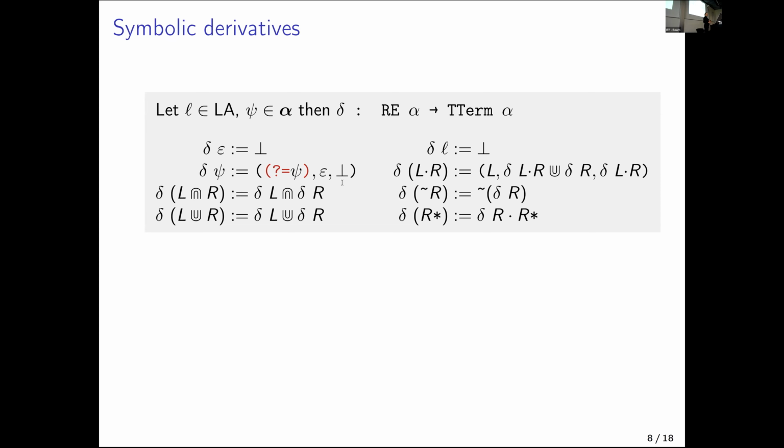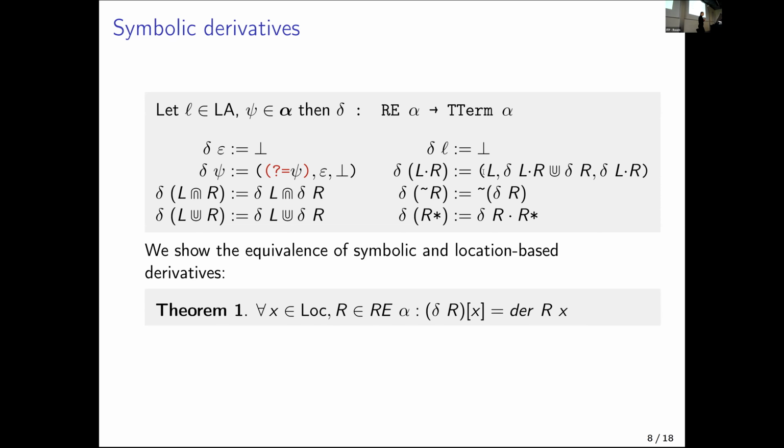And the case for concatenation follows precisely the standard definition of derivative in a way that we have to make a choice depending on whether the left side of the concatenation is nullable or not. And that's why the condition here is exactly the left-hand side. And the other operations are standard, but lifted to these trees.